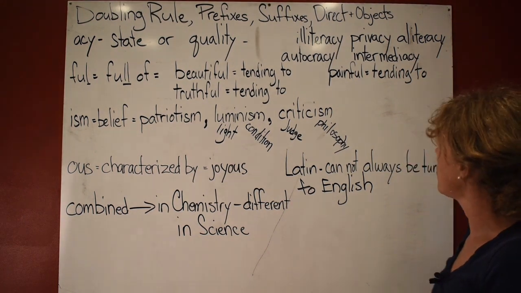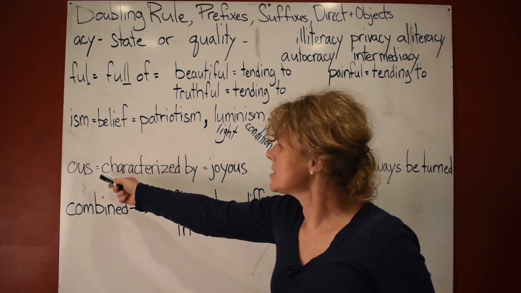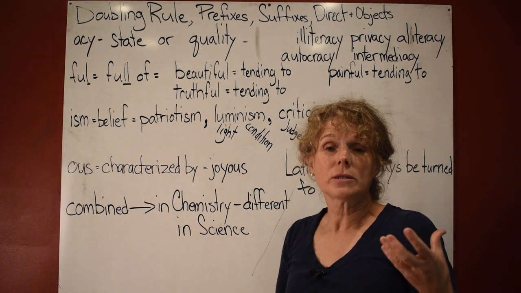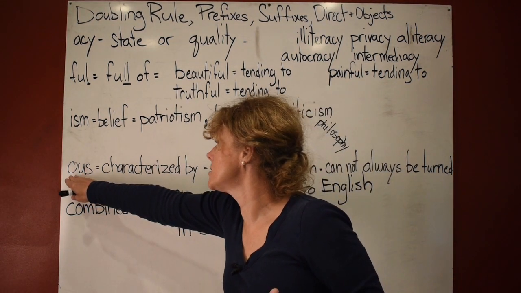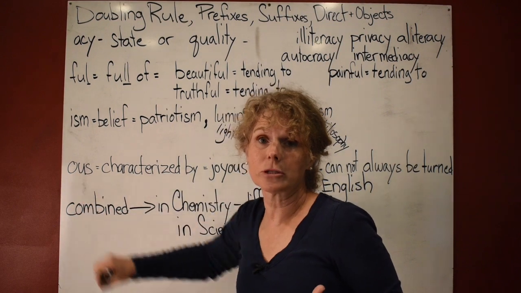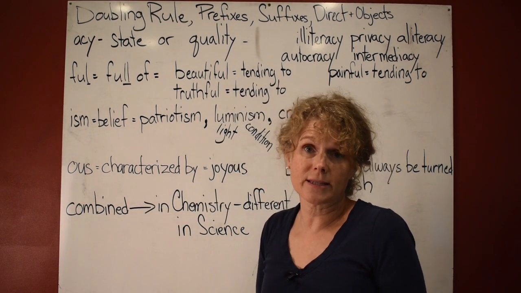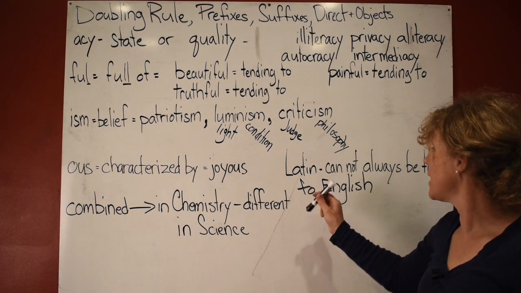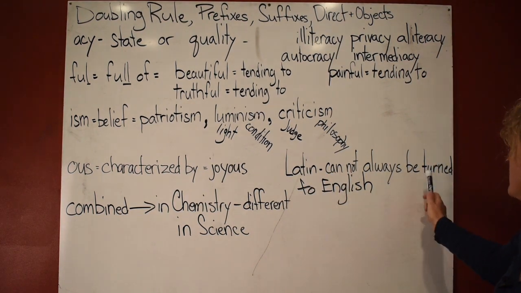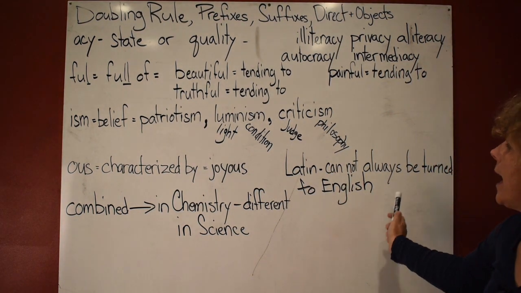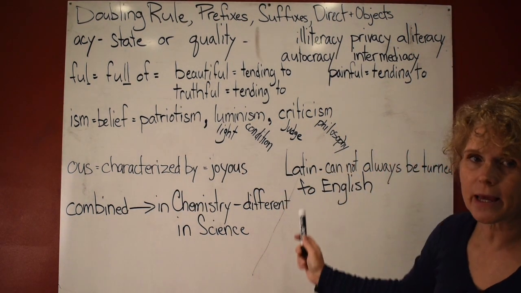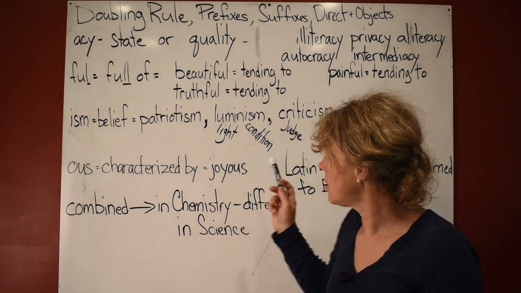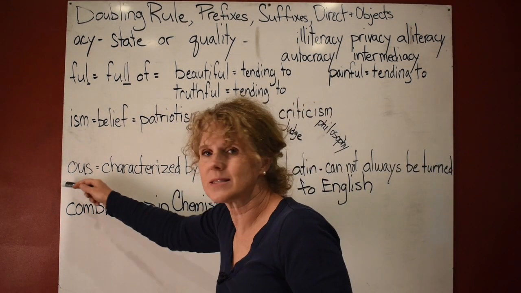So also, ous, you just have to be careful. We talked about that earlier in the lesson, how in some words the O is taken out and you just have US that says us, which makes sense. But a lot of this came from Latin. Latin cannot always be turned to English. And so that's the reason why sometimes there's tricky words out there with things like this.